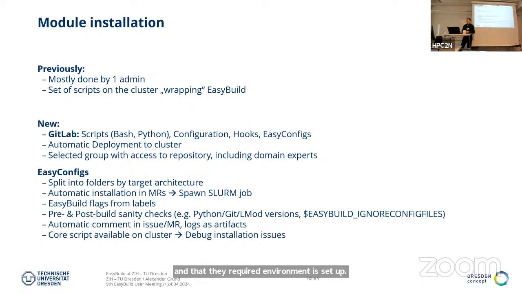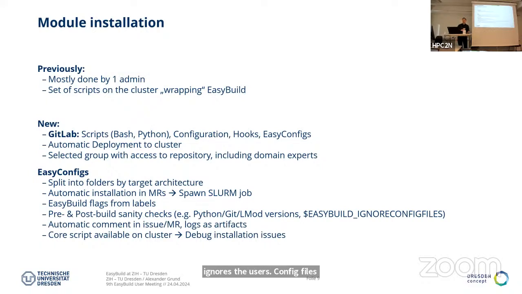One thing we ran into was that the user under which this Slurm job was running had their own EasyBuild configuration file in their home folder, which this EasyBuild run would then pick up and change the site-wide EasyBuild configuration. So we make sure we set this one EasyBuild configuration in the environment such that it ignores the user's config files.